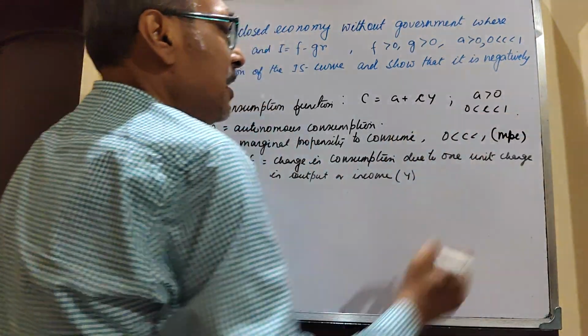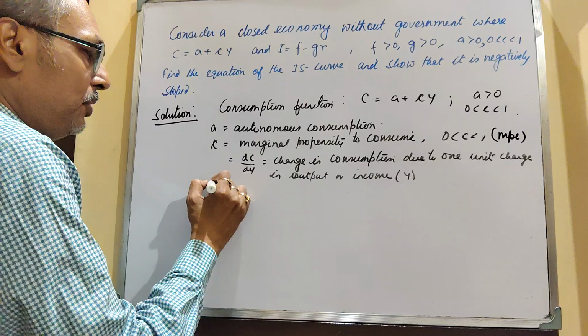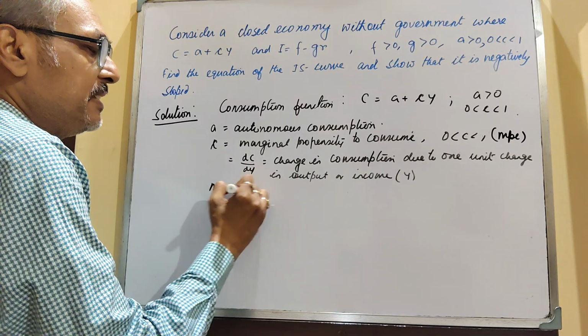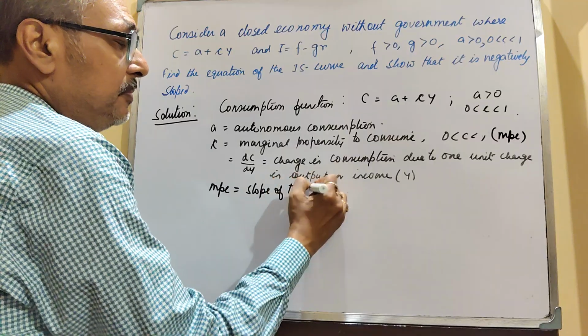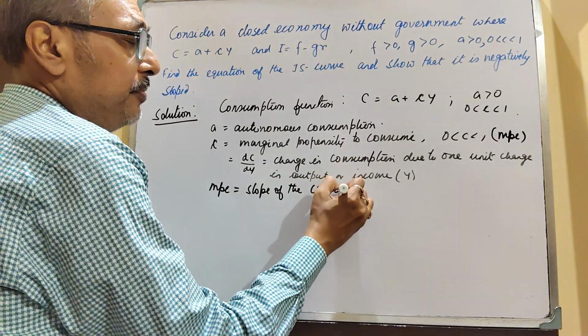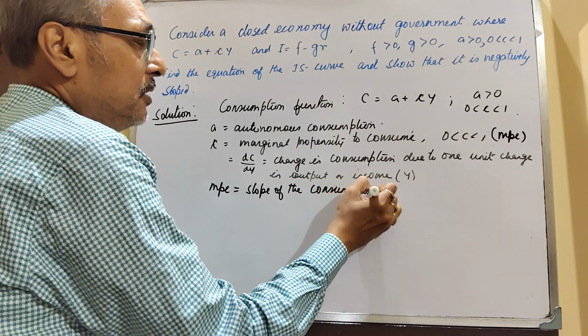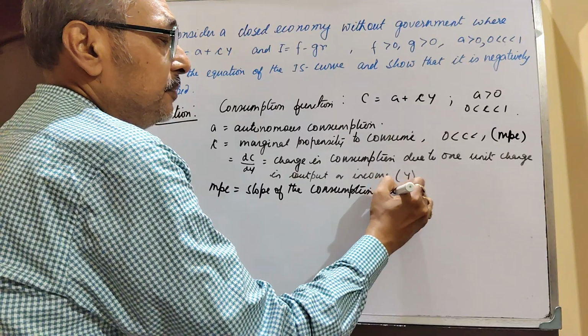MPC, marginal propensity to consume, is the slope of the consumption function.